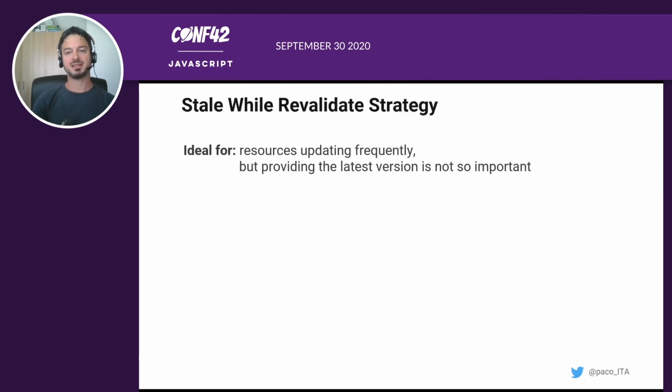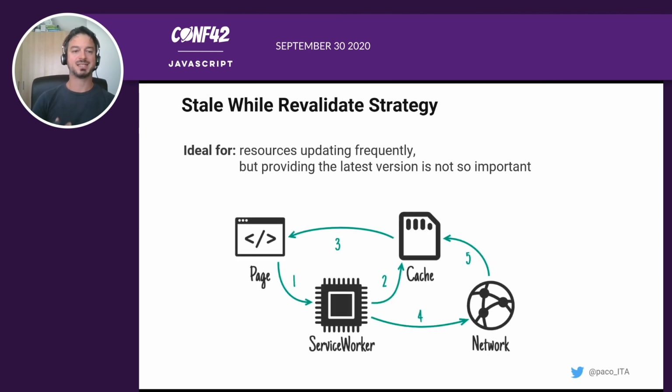Aside from this, there are also hybrid strategies. One of these is called the stale-while-revalidate strategy. What this does is that when the service worker intercepts a request, it goes immediately over the cache and tries to provide the requested assets from there so that the response is extremely fast.